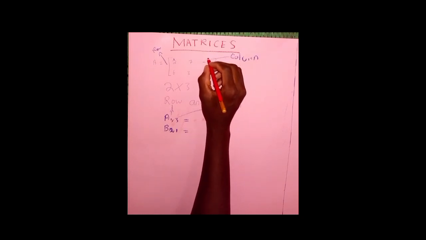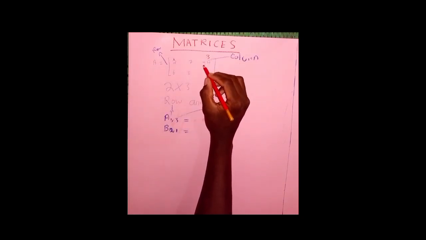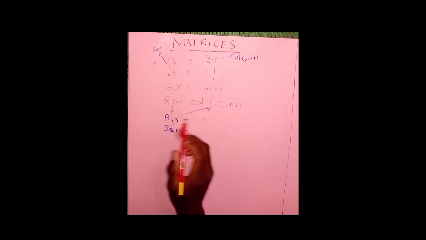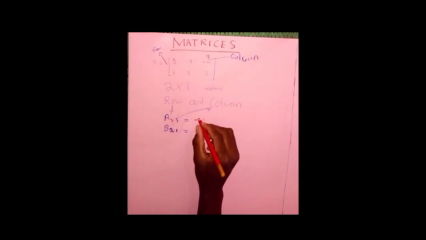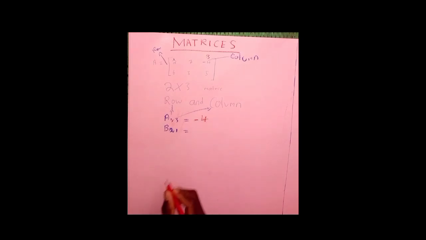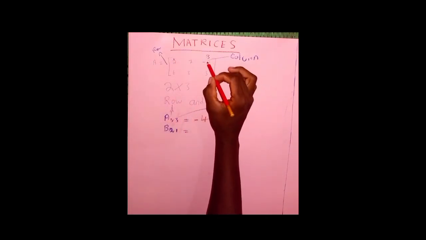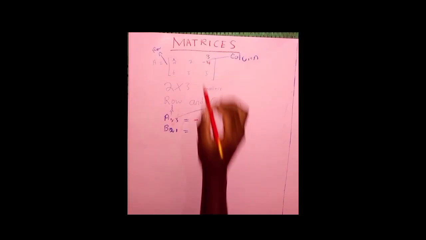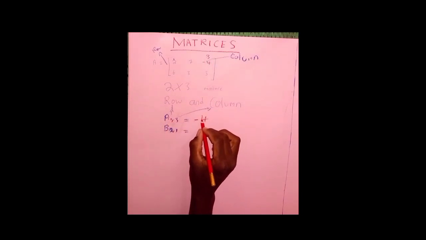We count 1 here, and so A 1, 3 is equal to -4, because we count 1 row, then count to 3 and stop at -4. So A 1, 3 is -4.